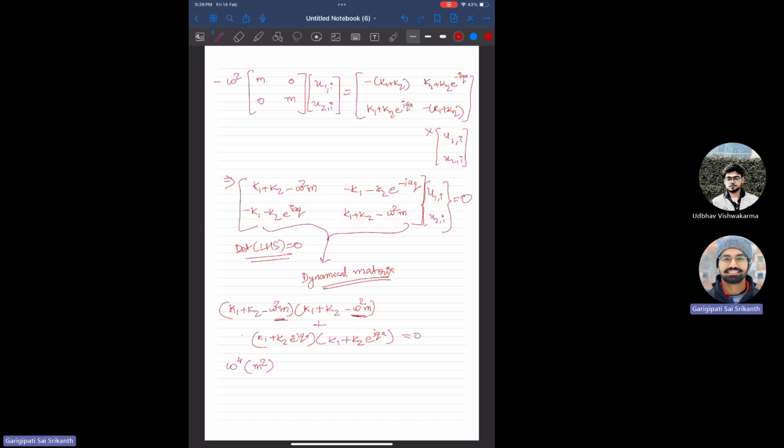Then if we collect the omega square terms, this omega square will be this into this, and this into this.